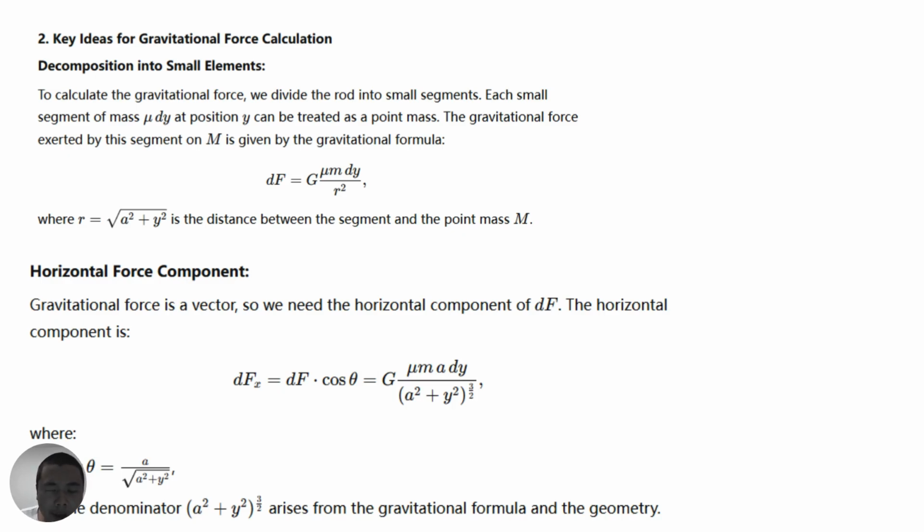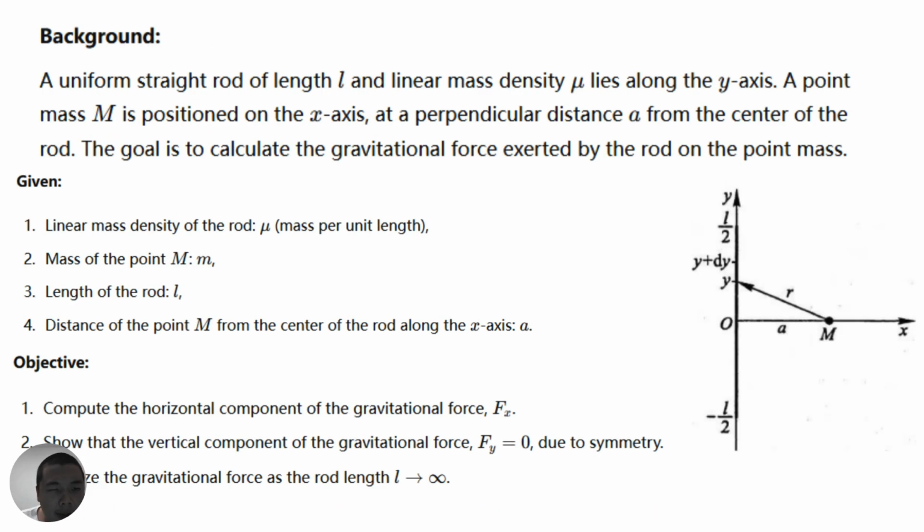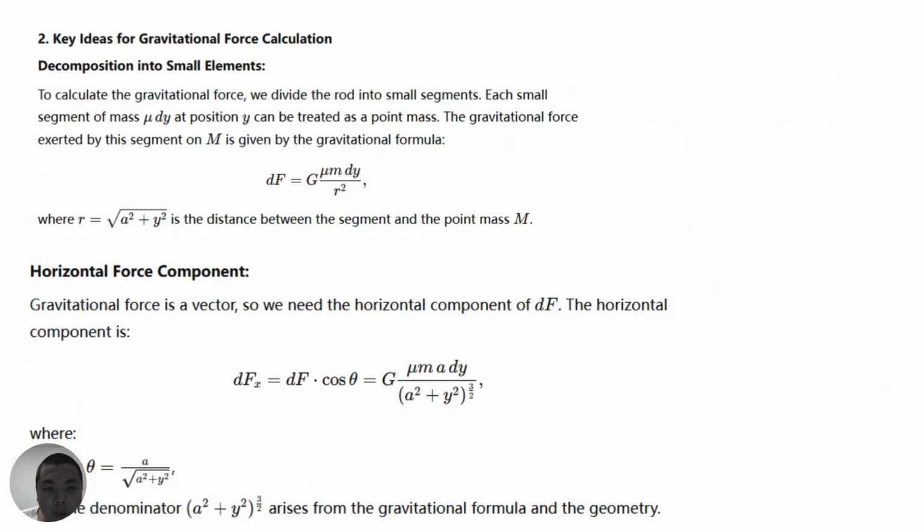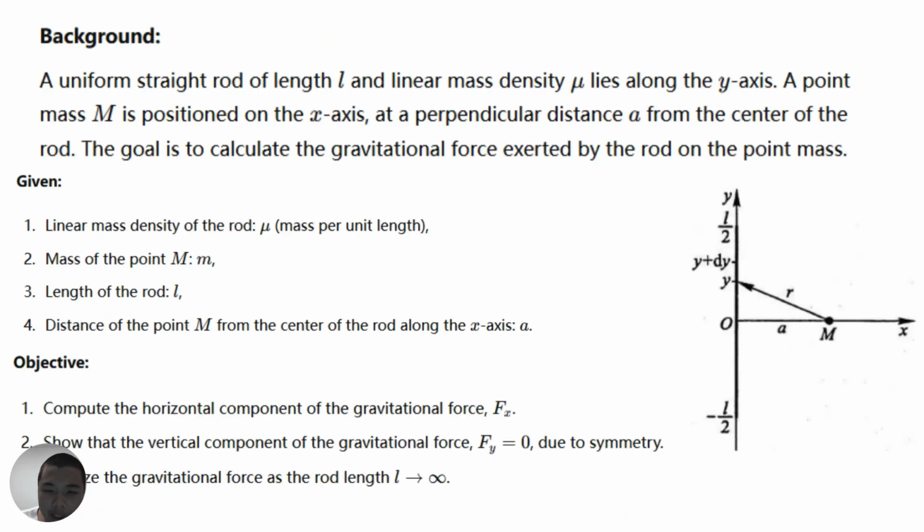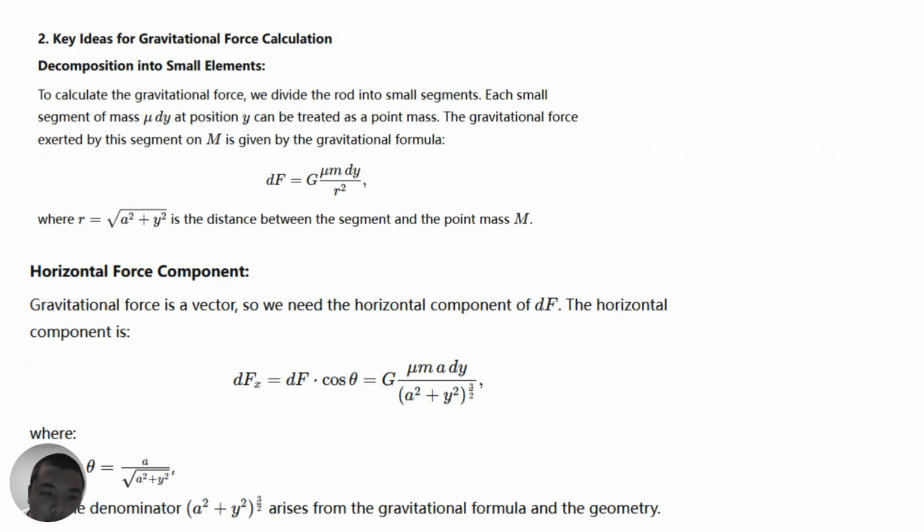We can use the formula for gravity F equals G times big M times small m over r squared. Since we only know mu, we need to express it in terms of it, and we can see that r equals the square root of a squared plus y squared, which is the distance between the segment and the point mass m.